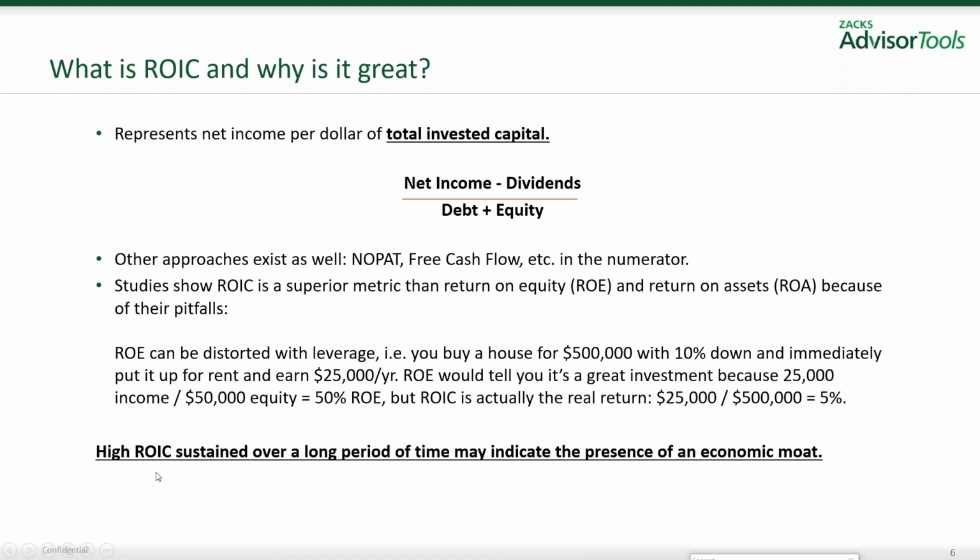Okay. But if a company has demonstrated high ROIC over a longer time frame, say 5 years or 10 years, then that indicates that company is doing something that other companies simply cannot replicate very easily. So what we want is not only high ROIC, what we want is not only high reinvestment rate, which is net income minus dividend, but we also want to make sure that this company has been able to deliver high ROIC sustained over a long time frame.